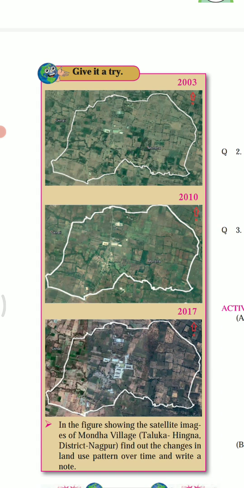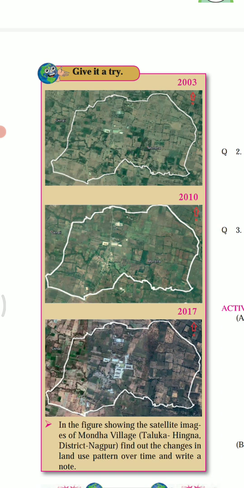Non-agricultural land use means commercial land use and residential land use. So, what is the answer for the second question? That in Mondha village, the agricultural land use has decreased and the non-agricultural land use, that is commercial land use and residential land use, has increased.